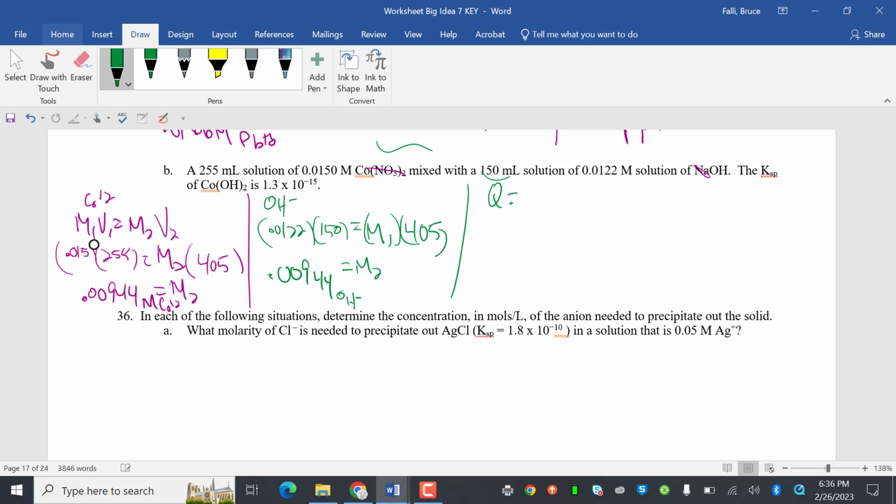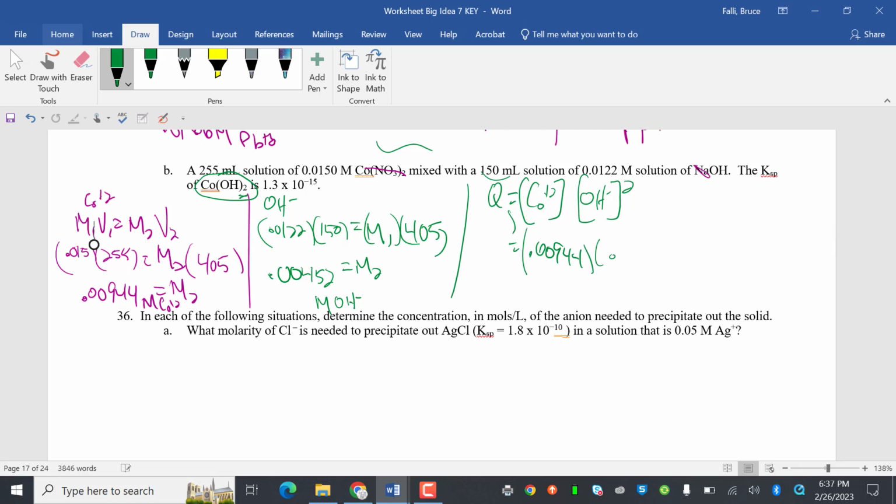So now I need to write my Q expression, which is based on this guy right here. I'm going to have two of them. So it's going to be Co2+ times hydroxide squared. 0.0122 times 150 divided by 405 is 0.00452 molar.